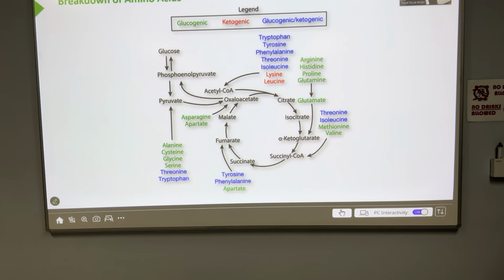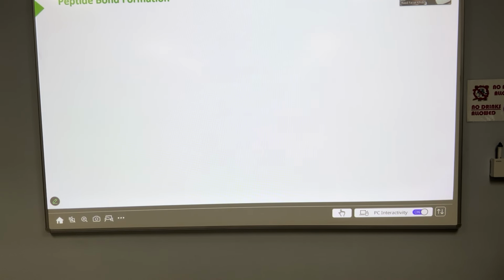And you can see here, there are pathways that convert alanine, cysteine, glycine, all amino acids, into pyruvate. So now there is a direct link between breaking down the amino acids and bringing them into the Krebs cycle.